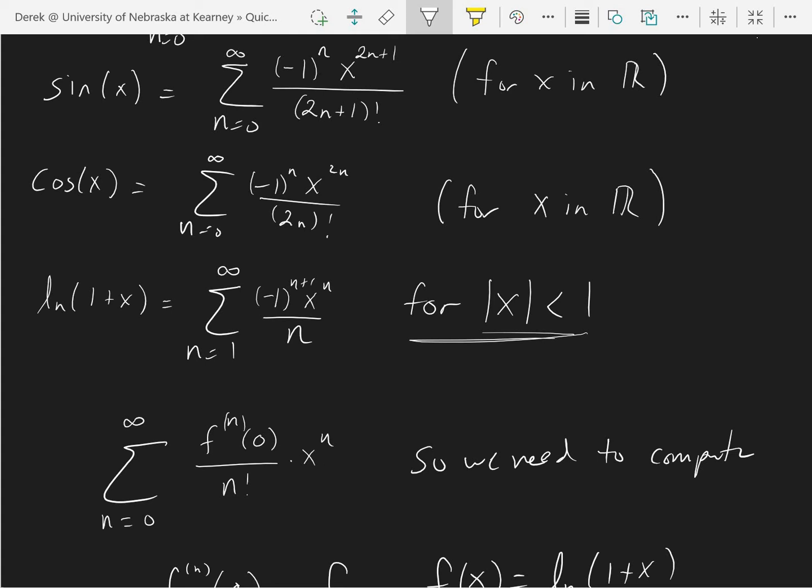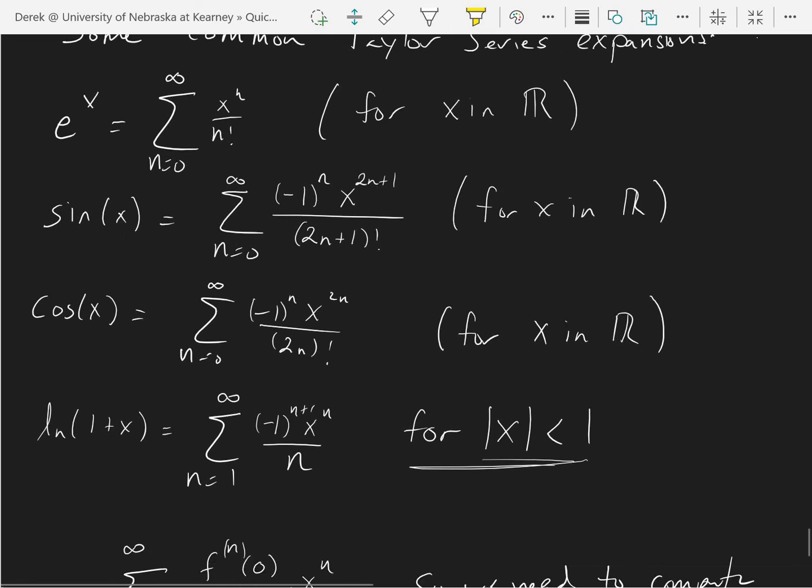If I would center this at 2, my radius of convergence would probably be 2 because it would work until I hit that asymptote. There's no asymptotes on the right to stop me, so it's the asymptote on the left. If I went out to 50 and centered the natural log of 50 plus x, my radius of convergence would be 50 because to the left is where I'm going to hit that asymptote.